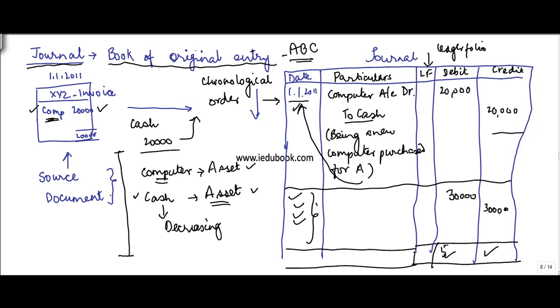You do a total of debit, a total of credit, and you write here "balance carried forward", written as CF. Carried forward to the next page. So that's how you make a journal. Now I will be taking separate videos wherein I will explain categorizing certain types of entries and putting them in different journals.